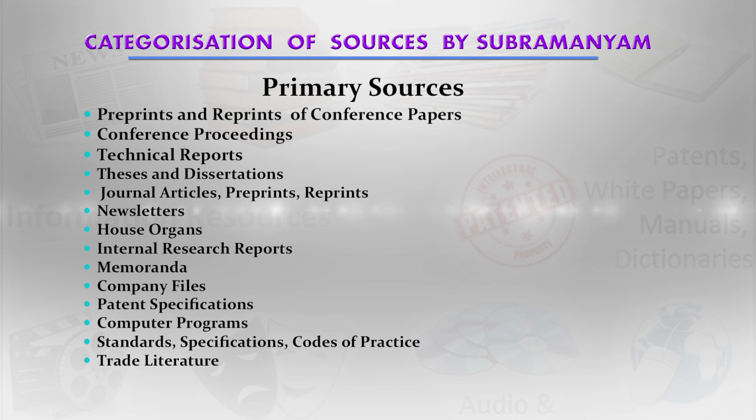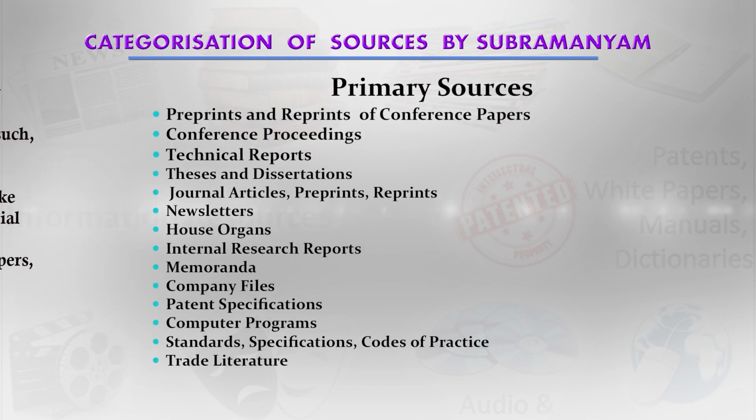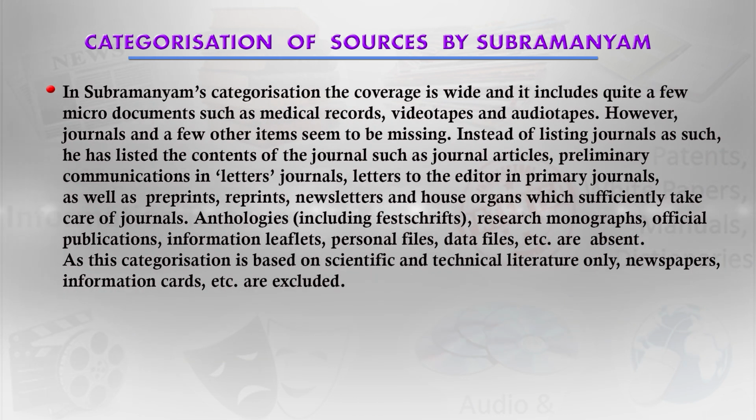Here he also included preprints and reprints of conference papers, conference proceedings, technical reports, theses and dissertations, journal articles, preprints, reprints, newsletters, house organs, internal research reports, memoranda, company files, patent specifications, computer programs, standards, specifications, codes of practice and trade literature. So, by seeing this categorization by Subramaniam, we may say that the coverage is wide and it includes quite a few micro documents such as medical records, videotapes and audio tapes.